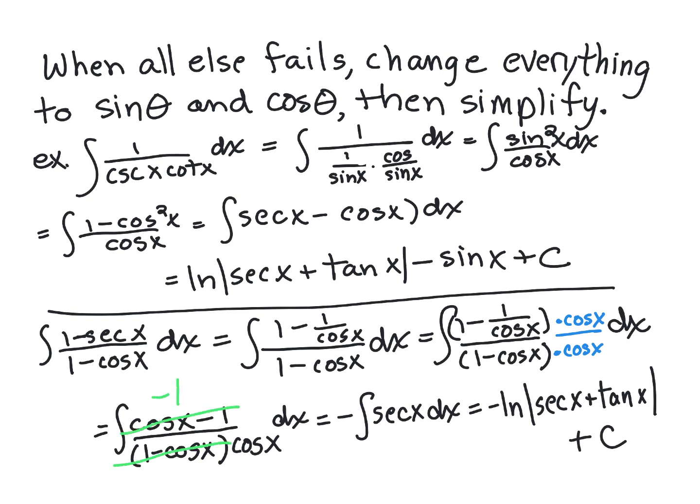And now I'm integrating minus 1 over cosine. So it's negative secant. And we know the integral of the secant is the ln of the secant plus tangent. And I have that minus sign going along for the ride. And I am done.